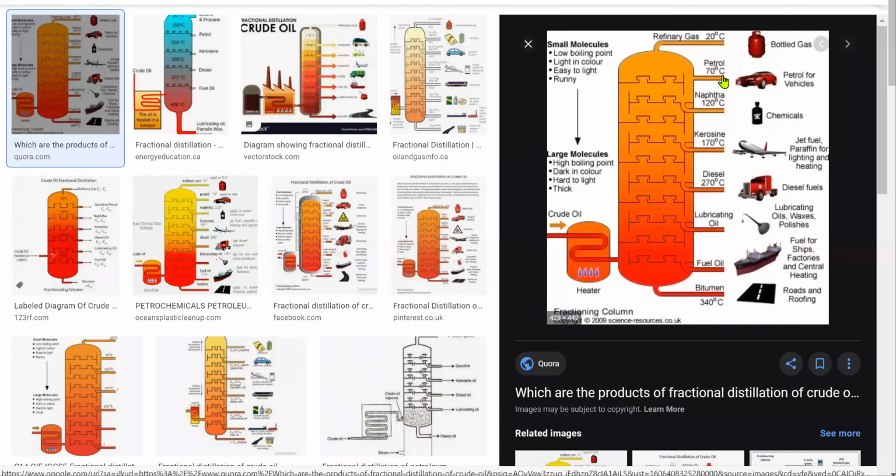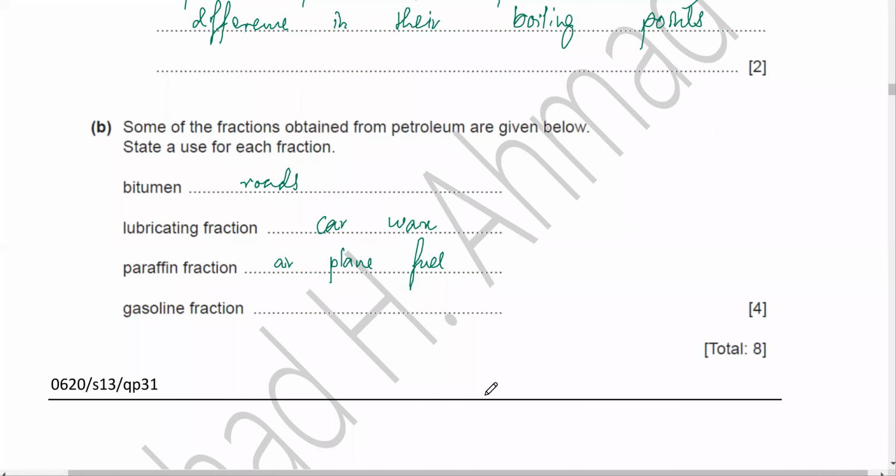Petrol is called gasoline. Naphtha is used in the chemical industry. Then you have petroleum gases that don't get condensed. Even when you cool them down to 20 degrees centigrade, they're still gases, so they are your domestic heating gases. The gasoline fraction is for cars.